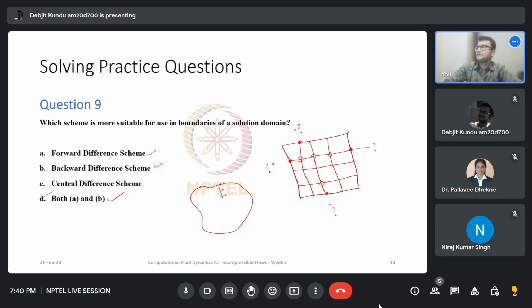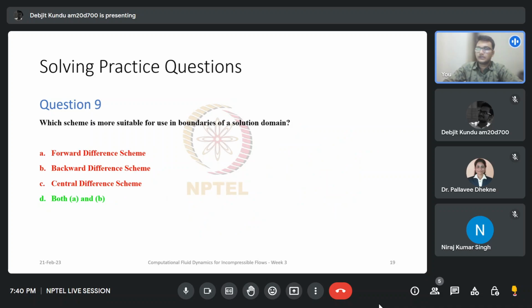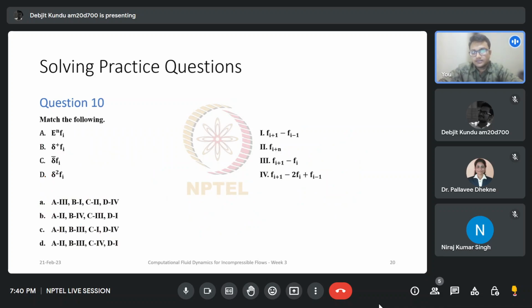Okay, so we will now move on to the last question of today's session. This is regarding the different operators which are used in difference equations. So we have four options in both columns. The column on the left hand side contains the operators, and in the second column on the right hand side, we have the mathematical forms of these shorthand operators.